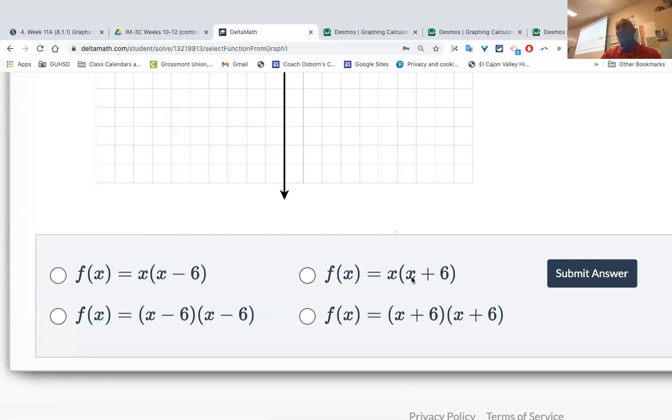What would I plug in here to make that equal 0? A -6, because -6 plus 6 is 0. So what do I plug in here? Just 0. So that's why when it crosses through the middle of the graph, the origin, you should be looking for just x. So that makes this one correct.